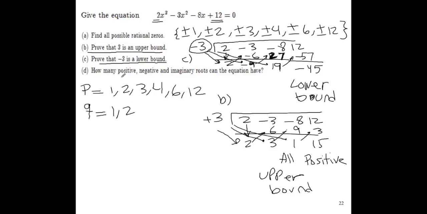How many positive, negative, and imaginary roots can the equation have? So for the positive, it would be 2 or 0. And we can find out by looking at the change of sign here.